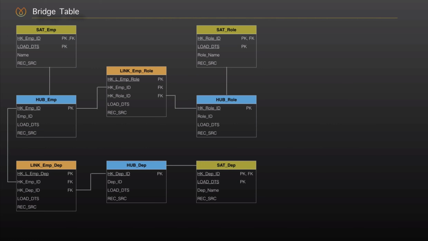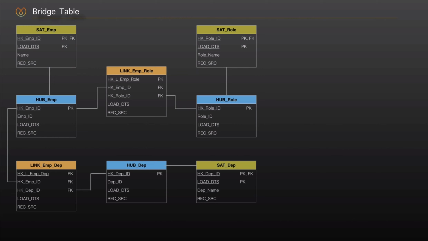We have a data vault model that includes information about employees' details, the department they are working in, and the role they take in the department. Due to that, we have three hub tables that include the business key and hash key fields from the employee, department, and role entities, and a link table that creates a connection between the employee and department tables, and also another link that connects the employee and role entities.